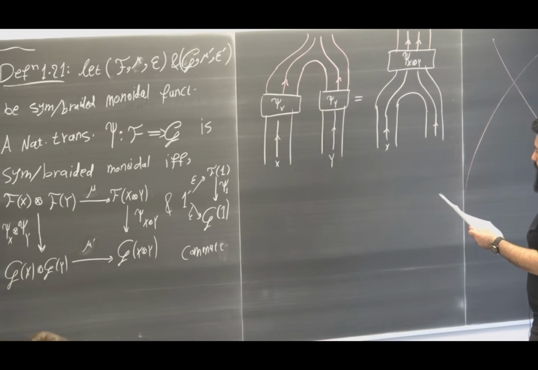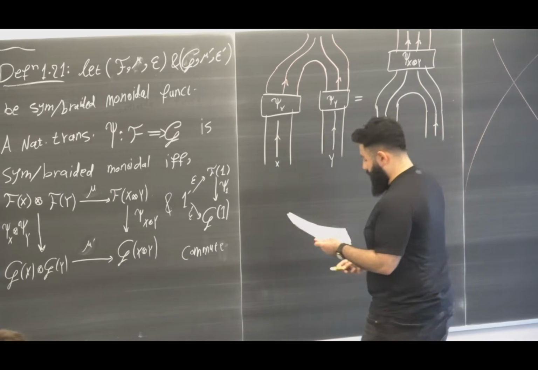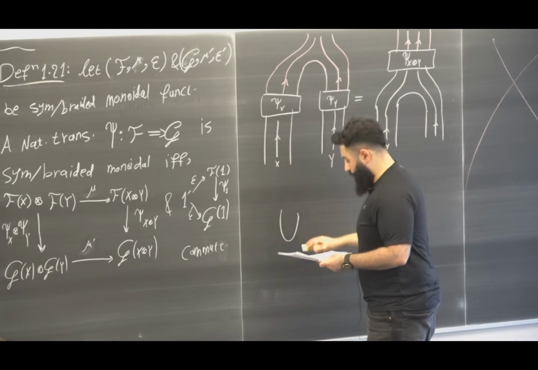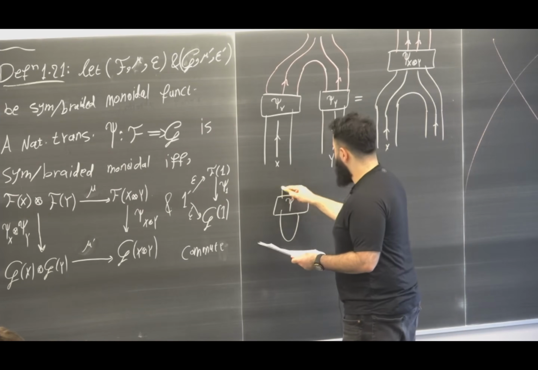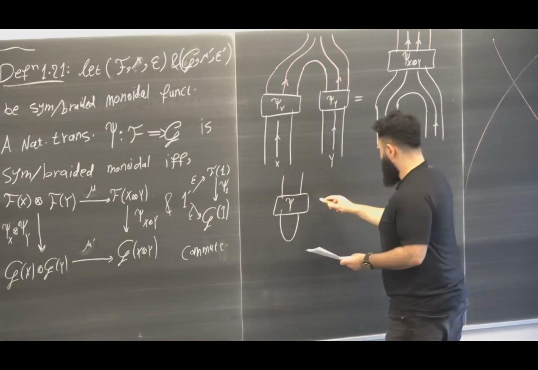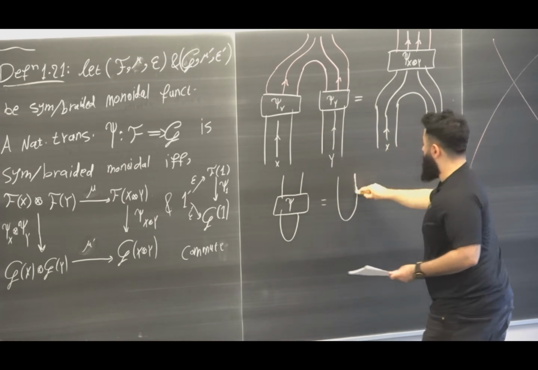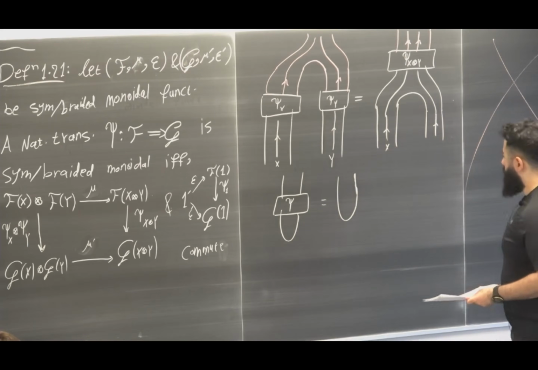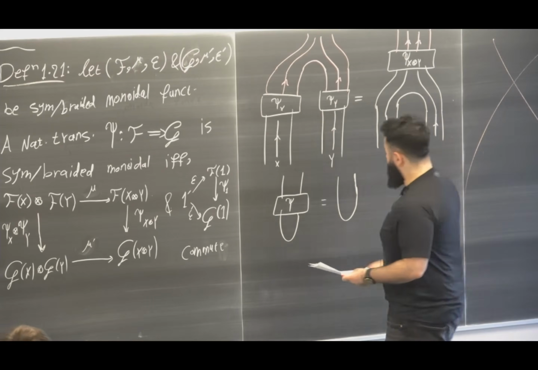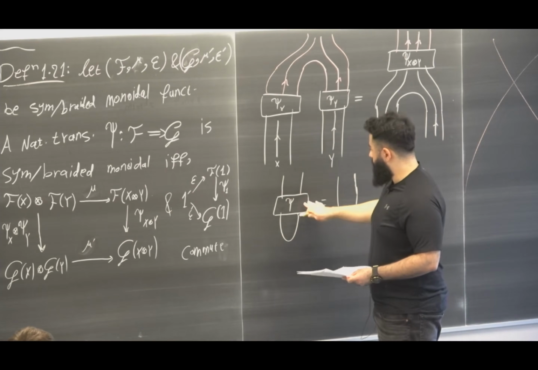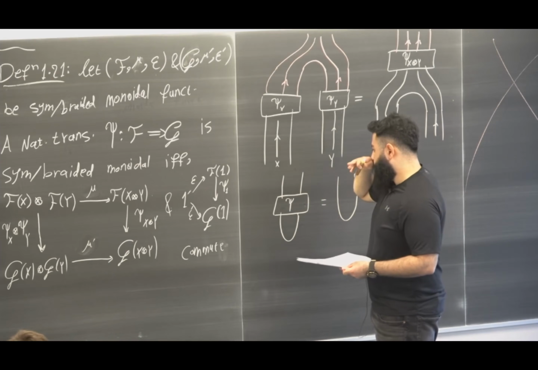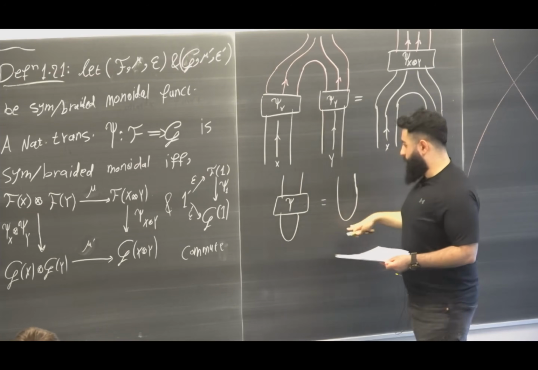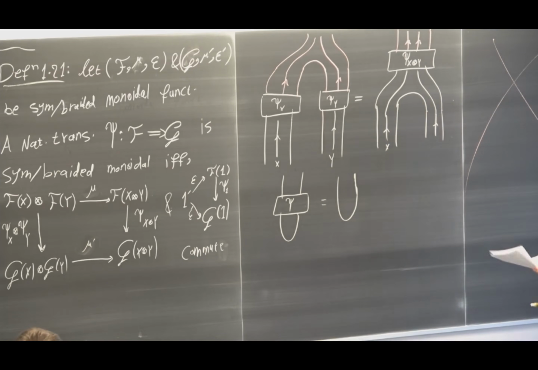For some reason, this isn't making sense to me. But let me draw it down, then we can figure it out together. So I apply epsilon, I get this, then apply psi, and I get that. It goes from F to G, that's clear. It's the same thing as you apply epsilon prime.